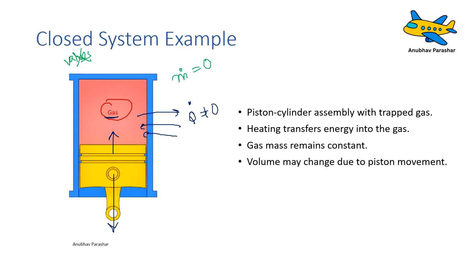So you can also move the piston, and as a result you can actually create work, generate work, right? By just transferring energy, you are also creating work. So this is a very good example of a closed system where mass transfer is not allowed, but energy transfer in the form of heat and work is possible.